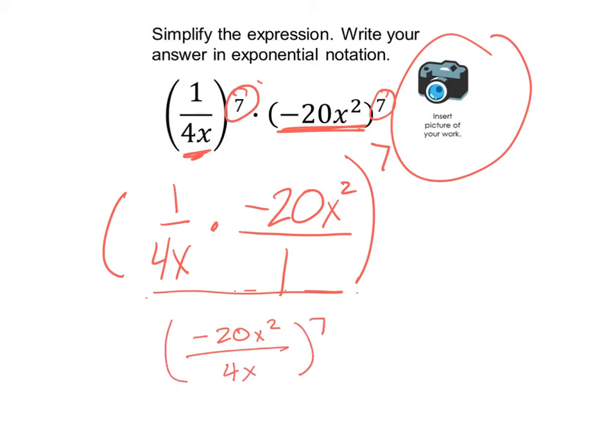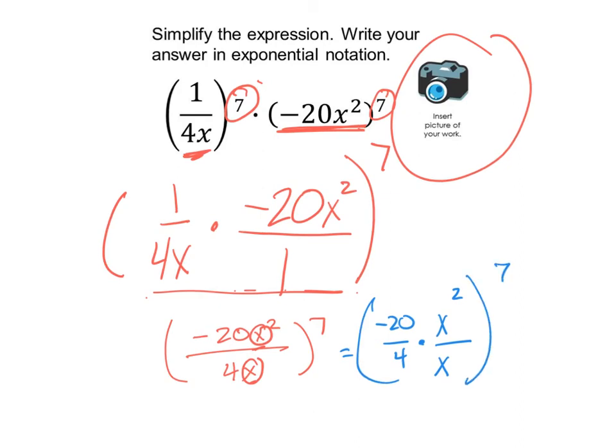Okay, we have same base, different exponent. Same base, so I am going to rewrite it. Coefficient over coefficient times the base of x, x squared, over x. And all that's the 7th power. I'm not doing anything with that 7th power.